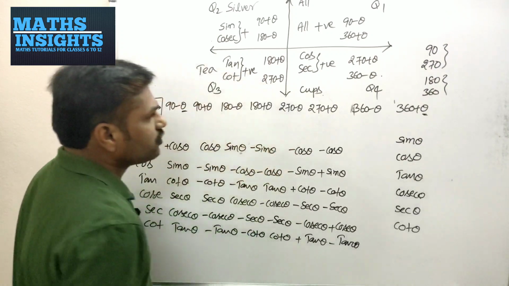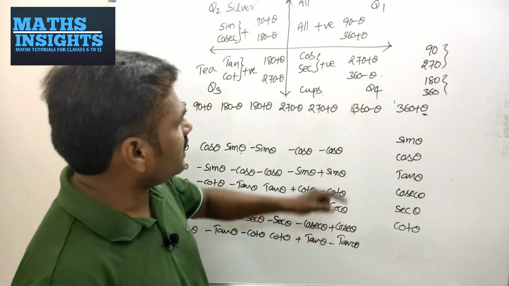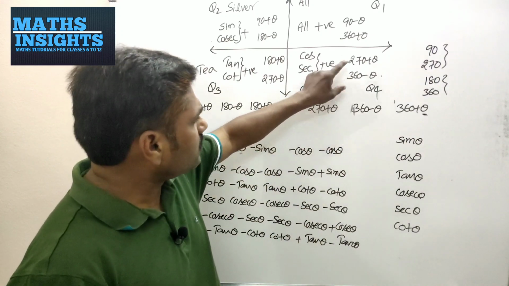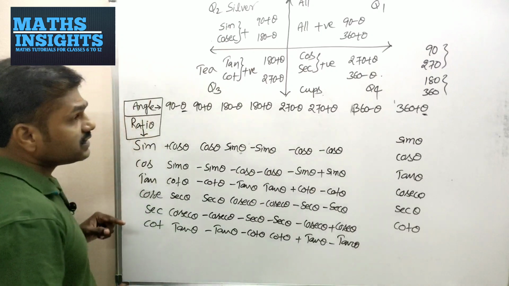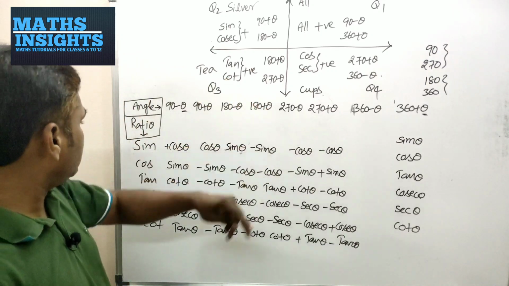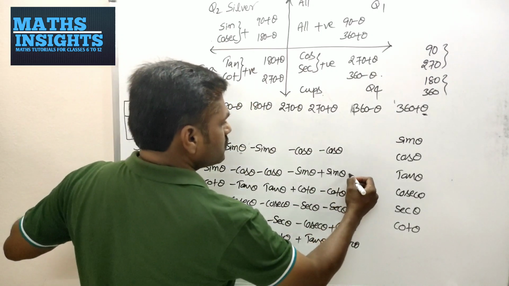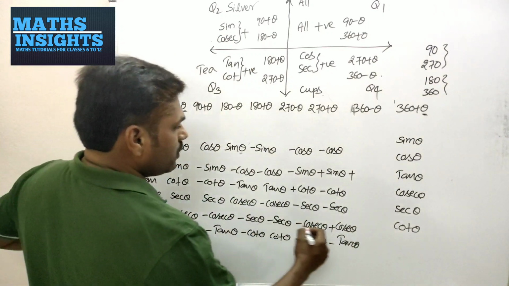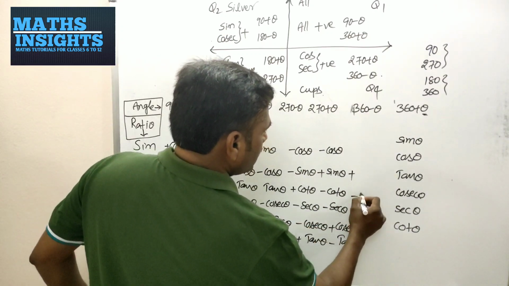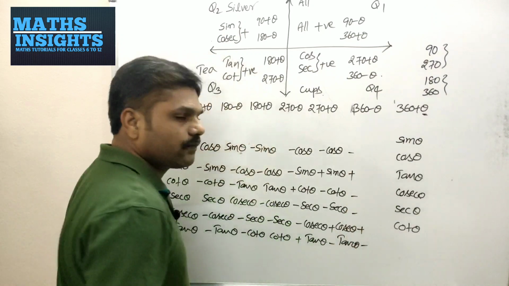And the last, if you observe, 360 minus theta is also in the fourth quadrant. In the fourth quadrant, cos and secant are positive. Cos is positive here, and secant is also positive. Therefore, for the remaining, I am writing minus.